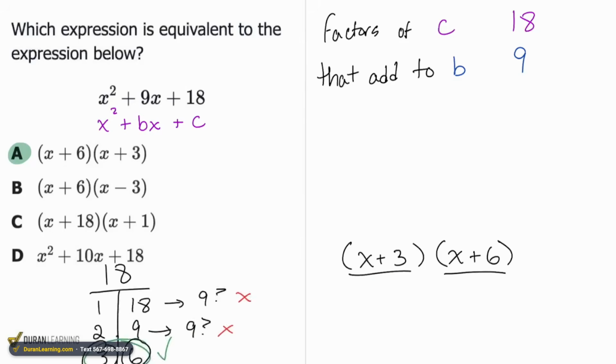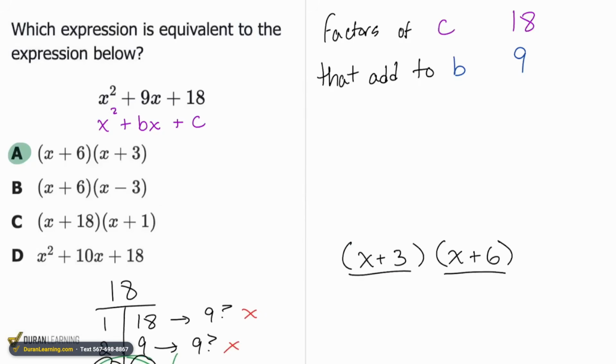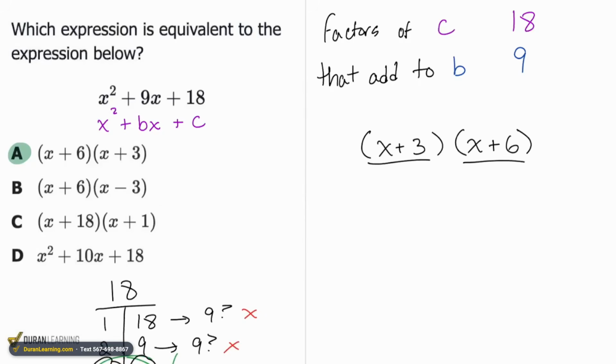Let me move this down over here and actually expand this. We can expand this by following the rule for polynomial distribution: everything from one parentheses multiplies with everything from the other. So my x multiplies with this x.